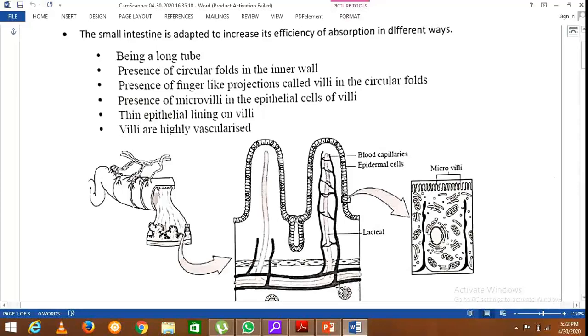So there is a very good supply of blood to those villi. So to the bloodstream, the digestive end products of carbohydrates and proteins are absorbed. And here at the middle there is the lacteal, which is a part of the lymphatic system, and digestive end products of lipids are absorbed into lacteals.